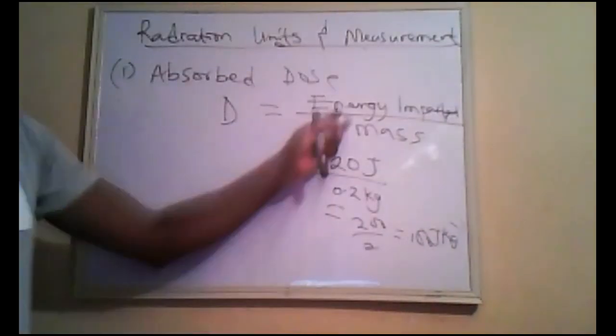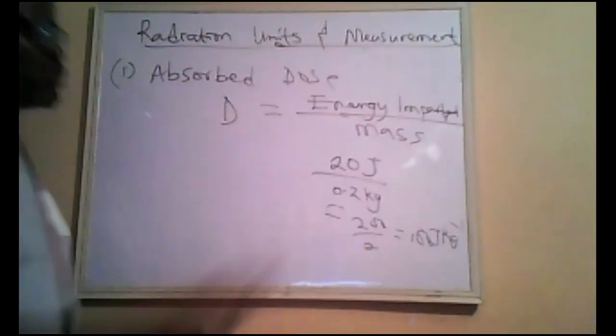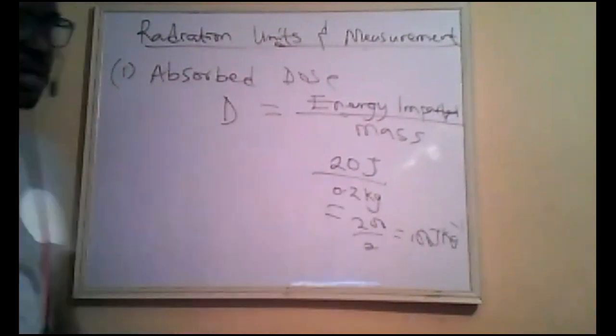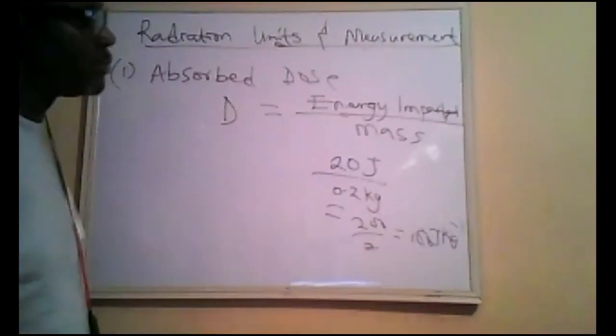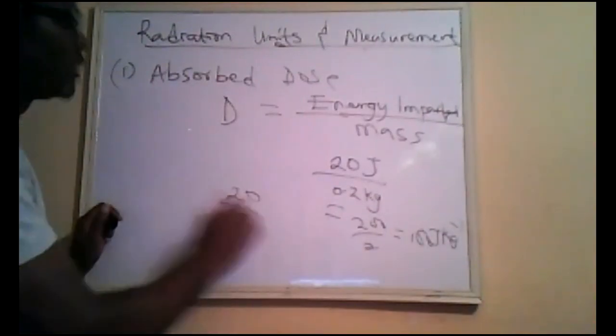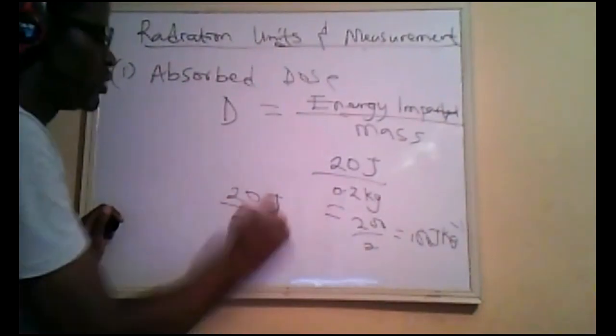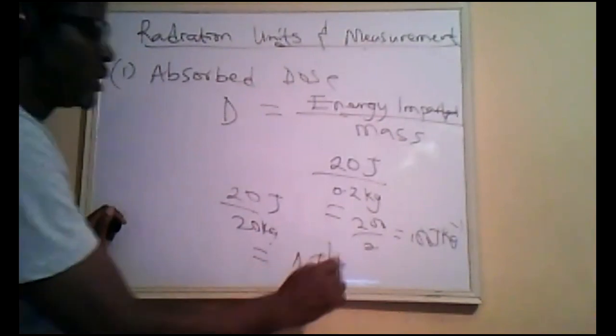If you have 20 joule being supplied to 20 kilogram of tissue, 20 divided by 20, we have 1 joule per kilogram.